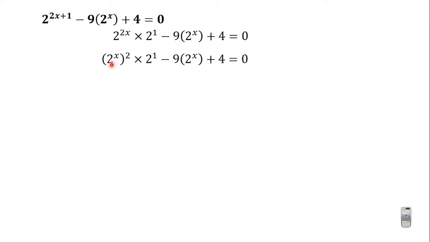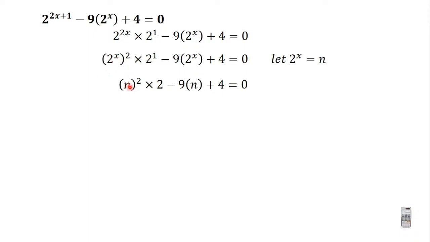So you see that you have 2 exponent x in this bracket, and 2 exponent x in this bracket also. So we are going to replace 2 exponent x by a variable. Let 2 exponent x is equal to n. That means wherever you see 2 exponent x, you replace it with n.